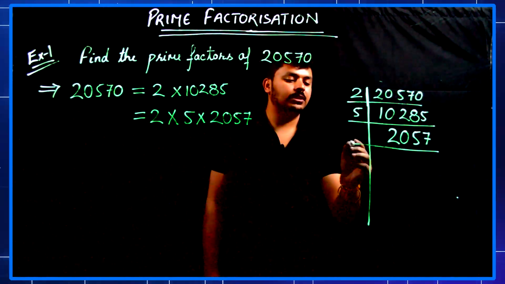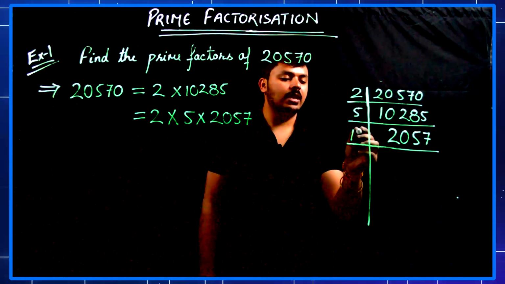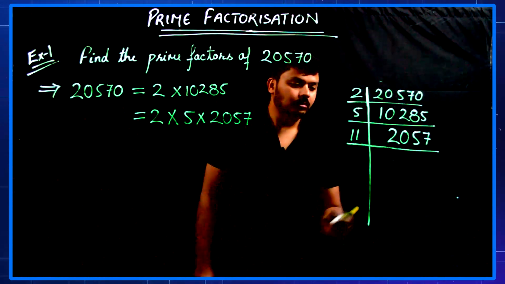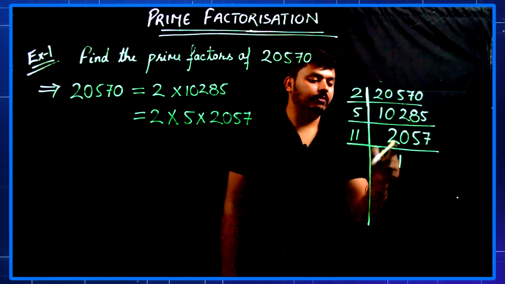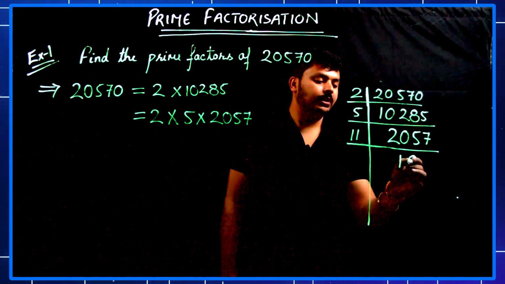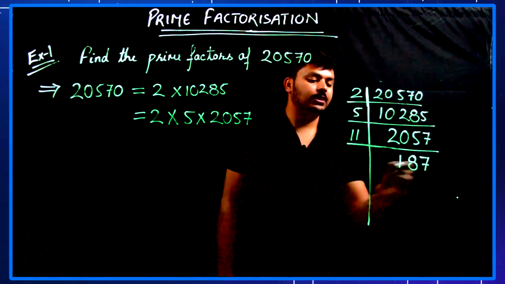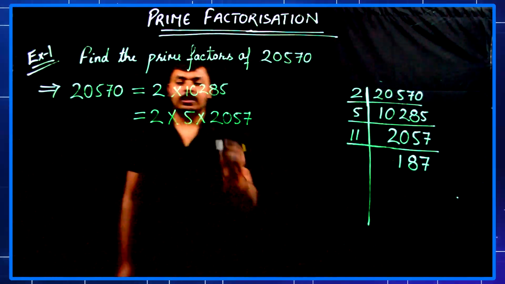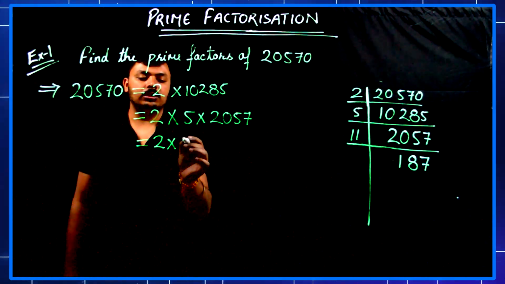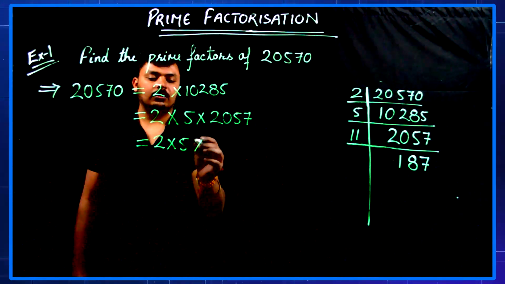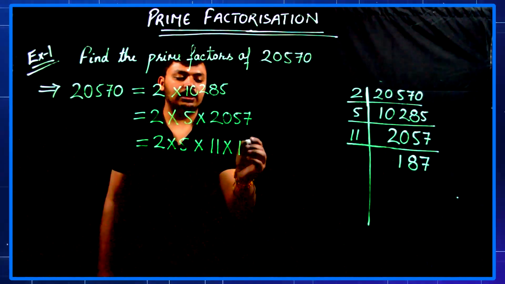Now this number is divisible by the prime number 11. So 11 ones are 11, 11 eights are 88, and 11 sevens are 77. So we can further split 2057 as 11 into 187.